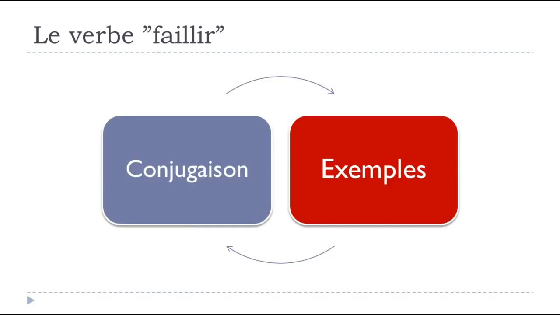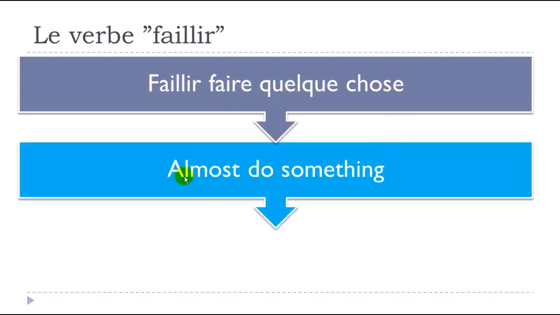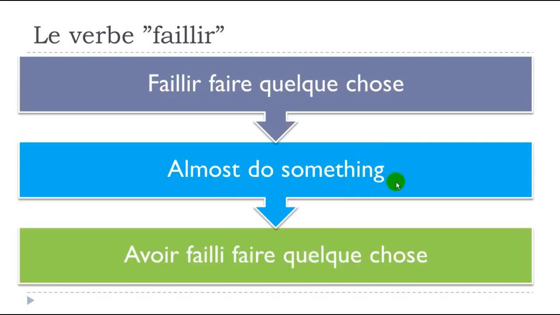So let's see now a few examples. Faillir, faire quelque chose. So basically, as we saw, it's almost do something. Avoir failli, faire quelque chose. It's what you would use if you put that at the passé composé form.